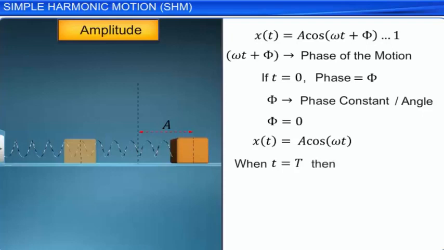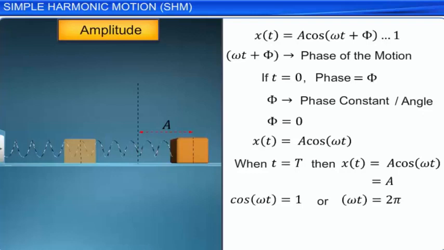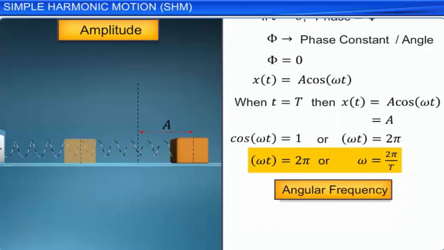This implies that cos omega t is equal to 1 or omega t is equal to 2 pi. Then, omega is equal to 2 pi by T. This omega is called the angular frequency of the simple harmonic motion, and its SI unit is radian per second.